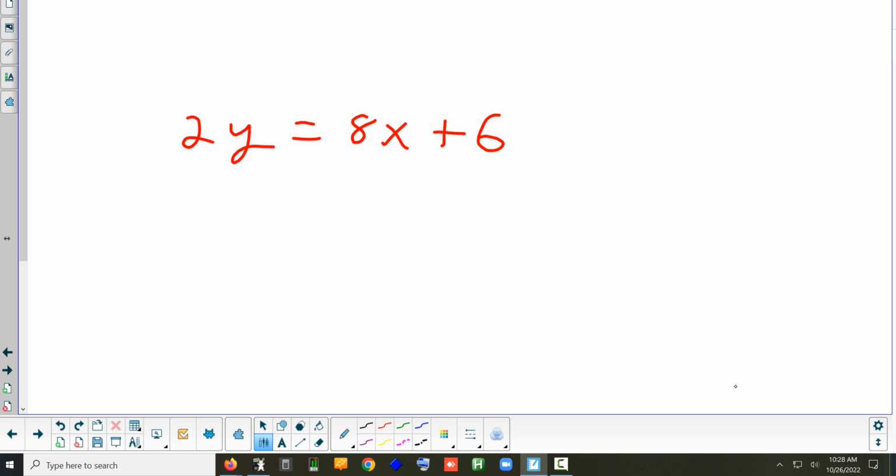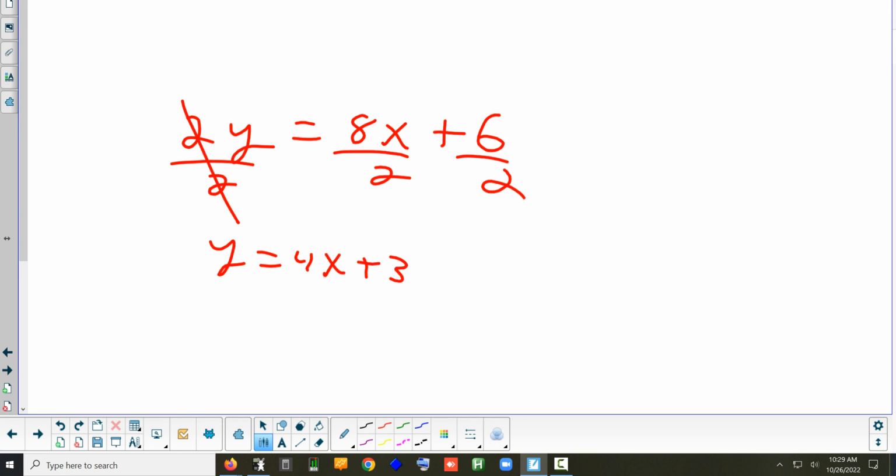What do you think, Natalie? Yeah, we could divide by 2. Divide by 2, divide by 2. So now you have y equals 4x plus 3. So the original problem was a line. Okay? It was capable of being arranged in y equals mx plus b.